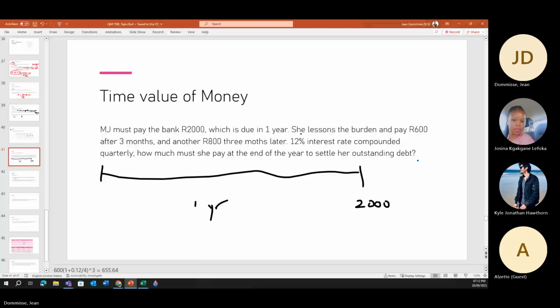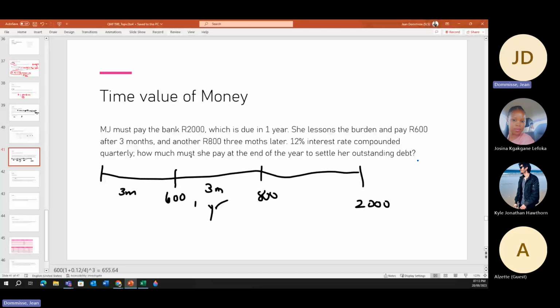She lessens the burden and pays 600 after 3 months, and another 800 3 months later. 12% interest rate compounded quarterly.